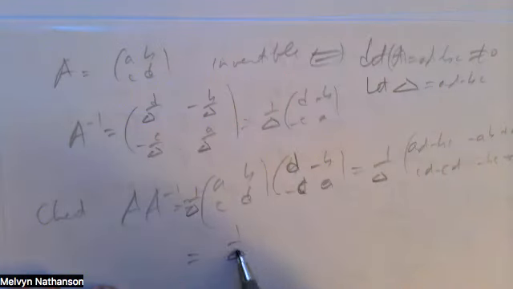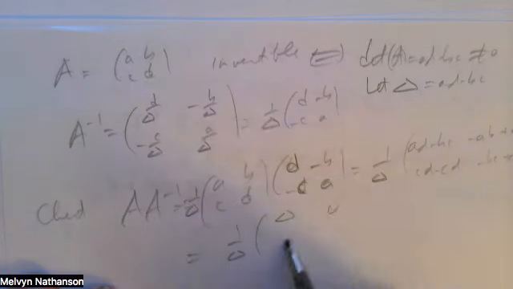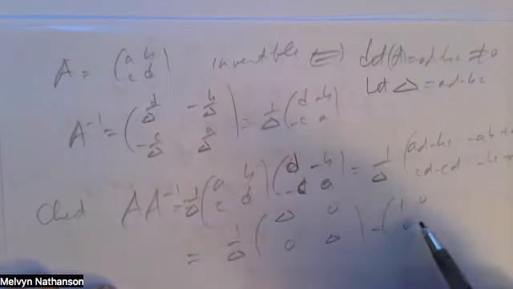This is equal to 1 over delta times delta, 0, 0, delta. That scalar multiplication gives 1, 0, 0, 1, which is the identity. So this is a proof, if you like, that if the determinant is non-zero, then this is the inverse of A.